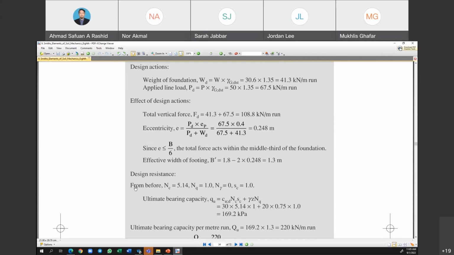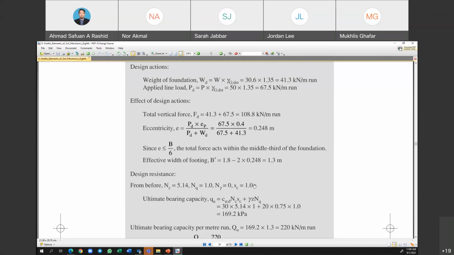The NC should be determined first. I guess there will be no difference in terms of NC and Q, and there will be a difference on N gamma, but still the value is equal to 0. Then SC we obtain 1.0.